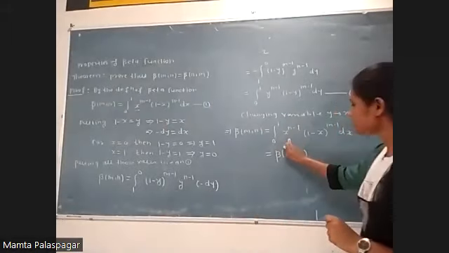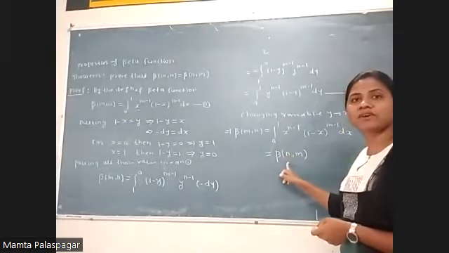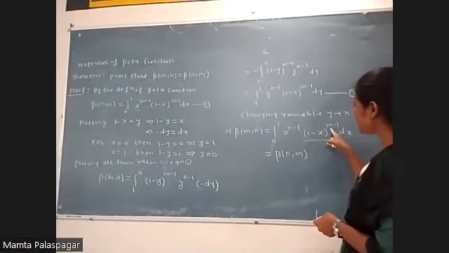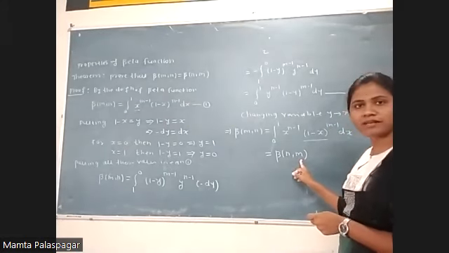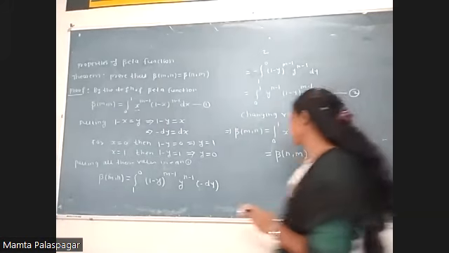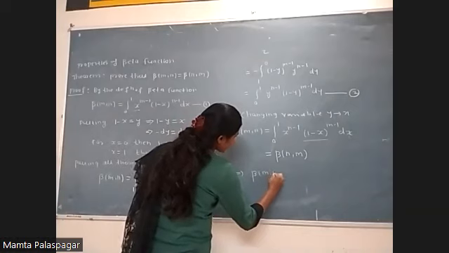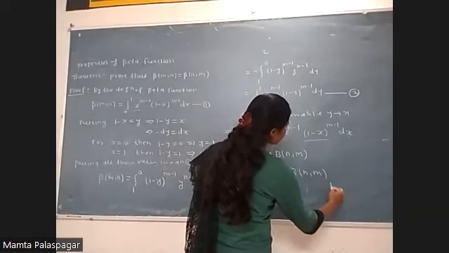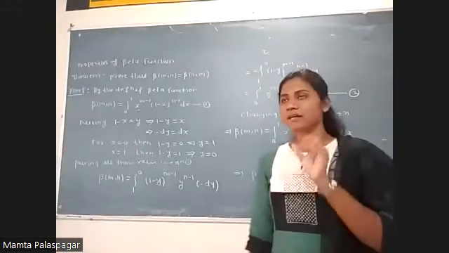So in this term, now let's see, the power of x is n, so that's why we took the first entry as n, and again the power of 1 minus x is given as m minus 1, that's why we took here the second term of this beta function as m. So this shows that beta of m comma n is equals to beta of n comma m. Hence, this is also called the symmetry property of a beta function.